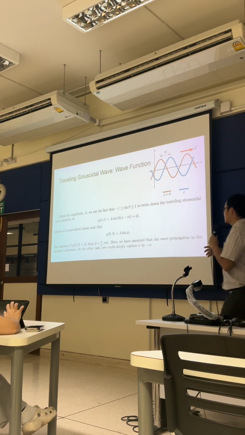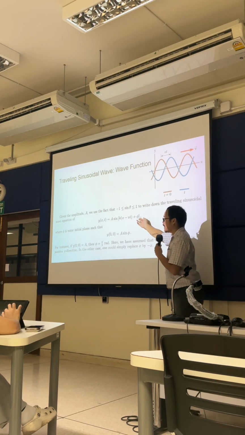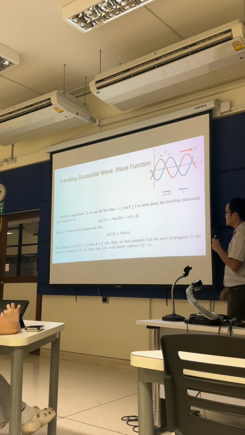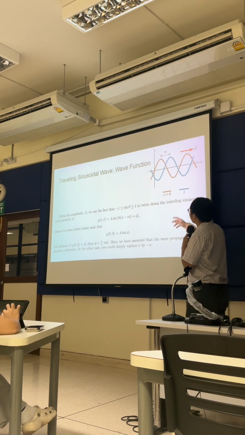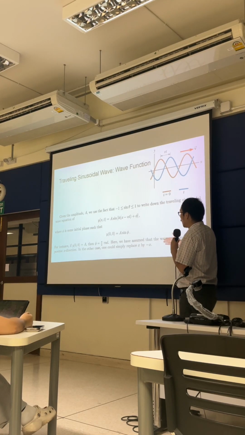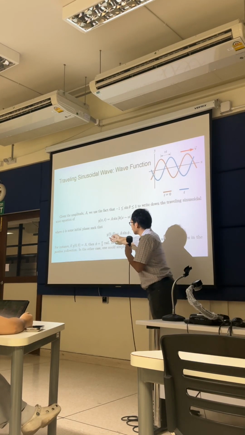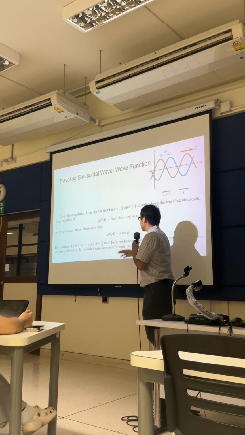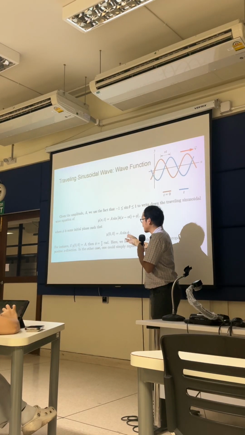And the initial phase here, which is another Greek letter phi, is defined such that the displacement y at position x equals 0 at initial time t equals 0 is just A sine phi.